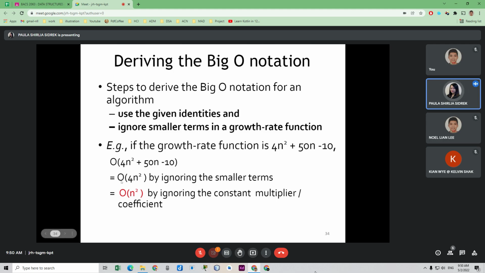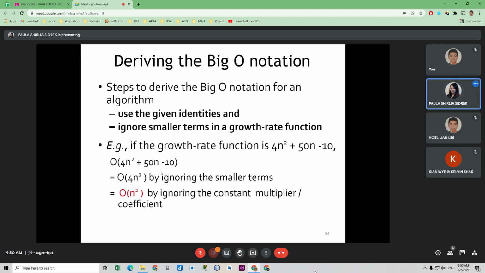Therefore, you present it as O notation of 4n squared. Then you remove the smaller terms.